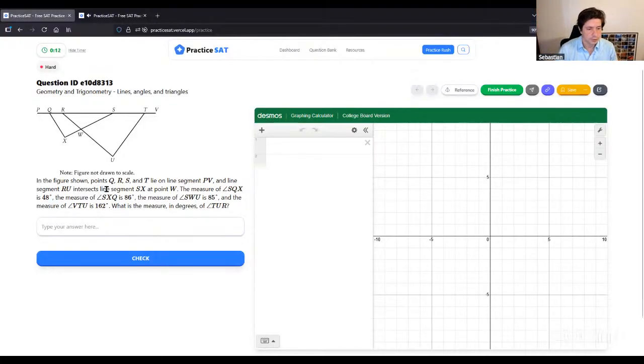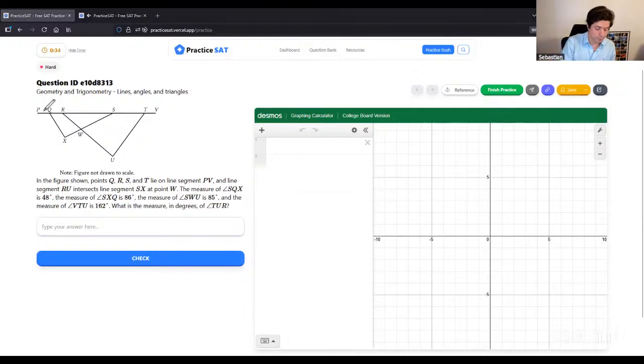In the figure shown, points Q, R, S, and T lie on line segment PV, and line segment RU intersects line segment SX at point W. The measure of SQX is 48 degrees. So let me write that here.